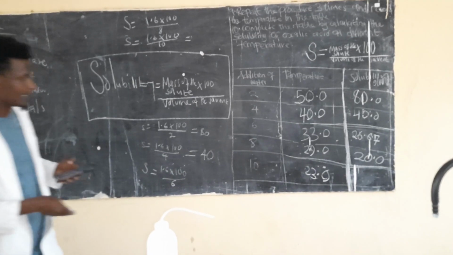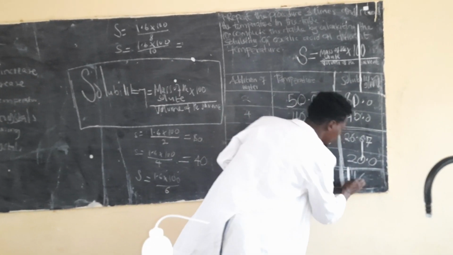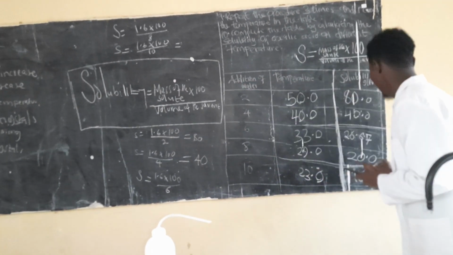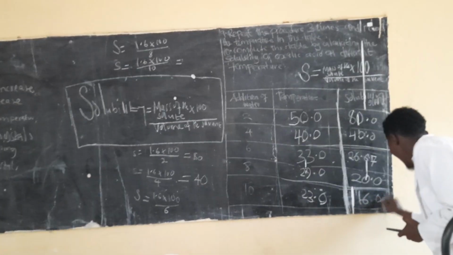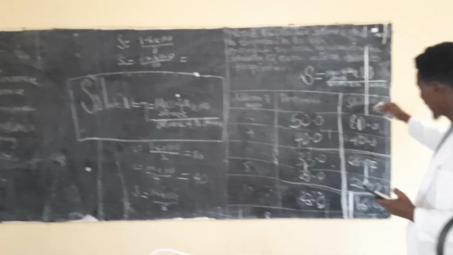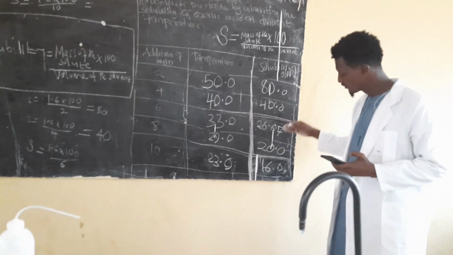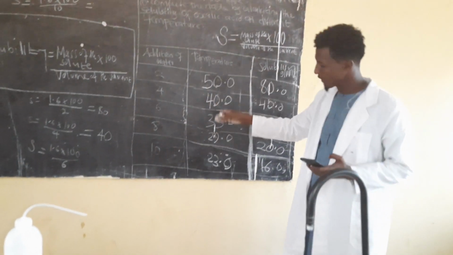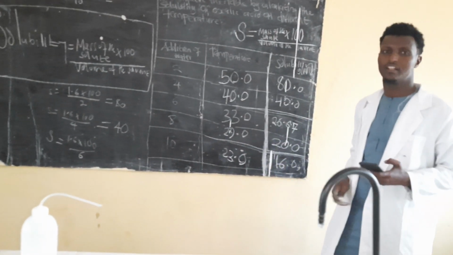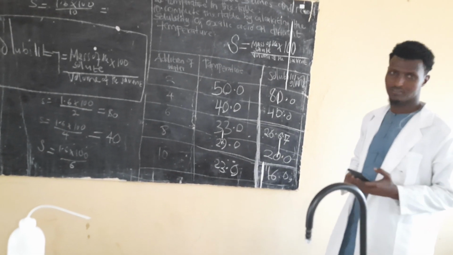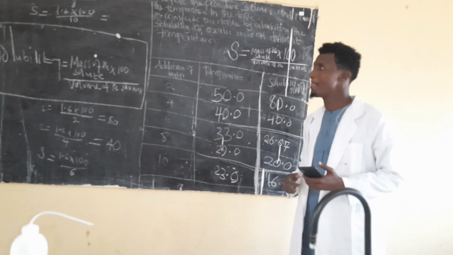So that is 16 now. That is 16.0 grams. So this is now the solubility, and this is now the temperature. I have filled my table.